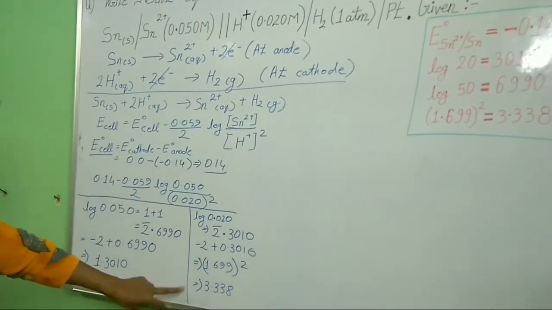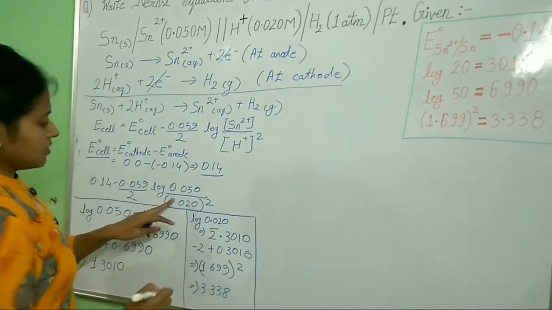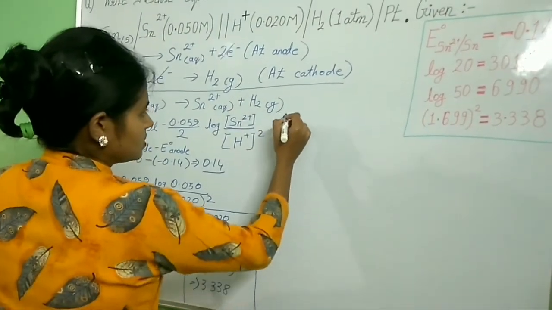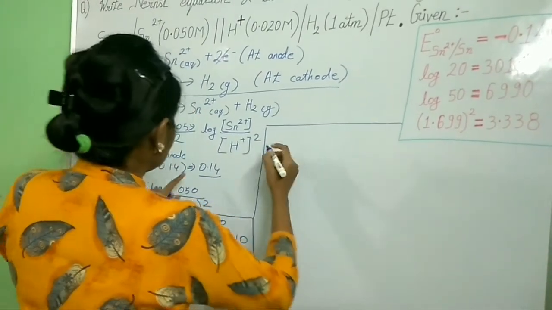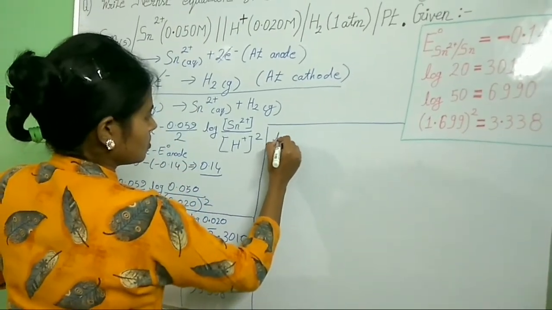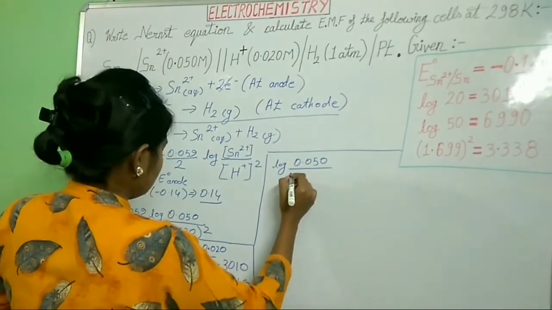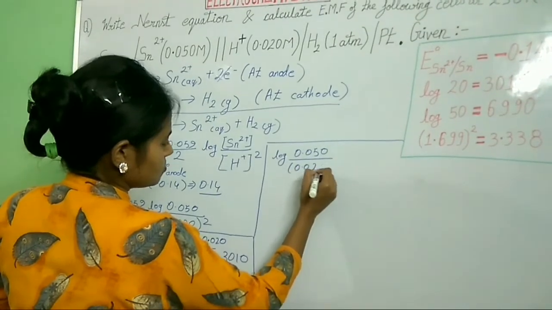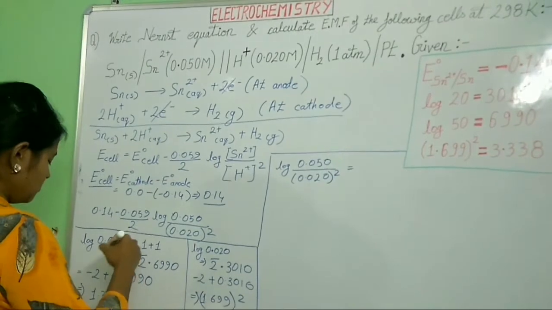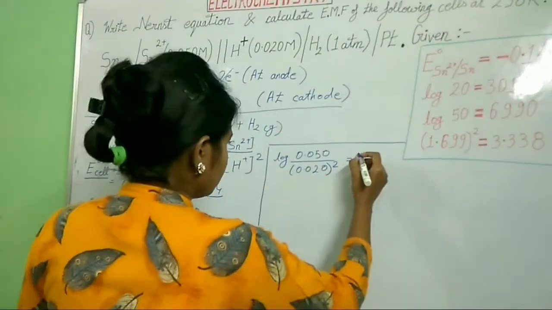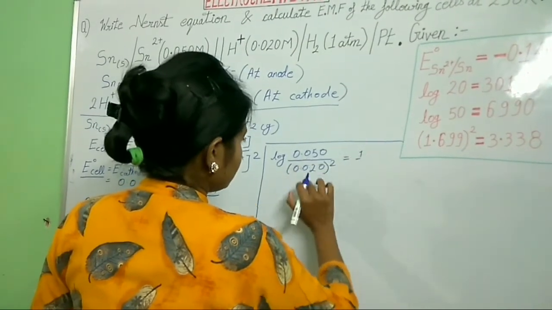Okay, we calculated it, and then let us come to the next step, that is log 0.050 divided by log 0.020 whole square. Okay, now what is the log 0.050 value we have found out? 1.3010.